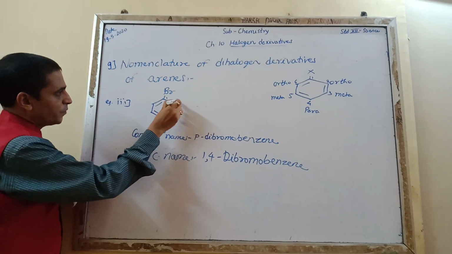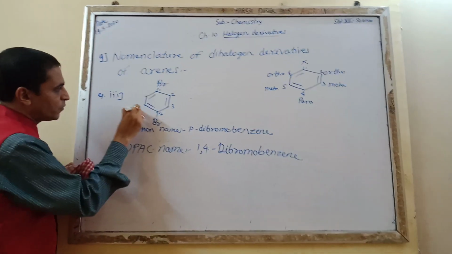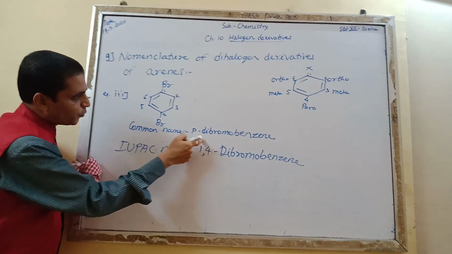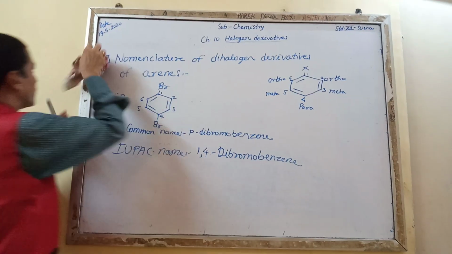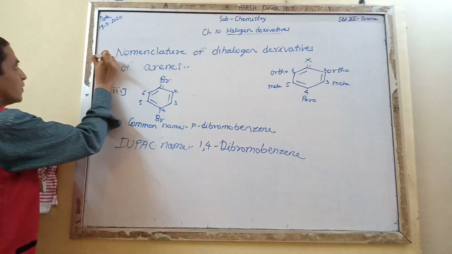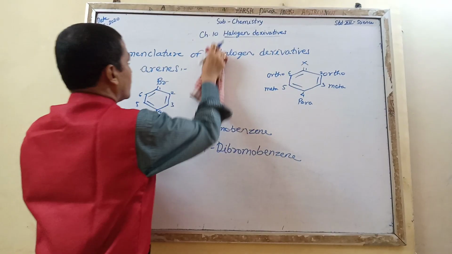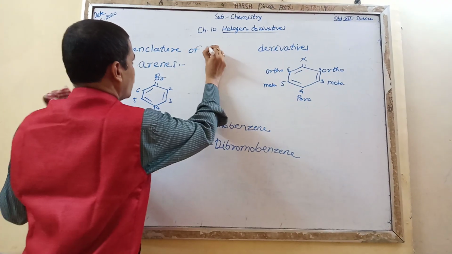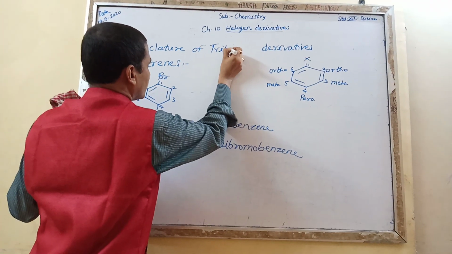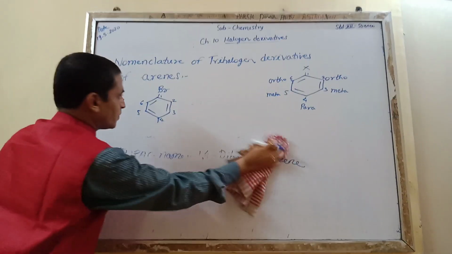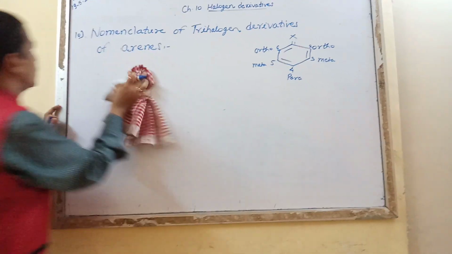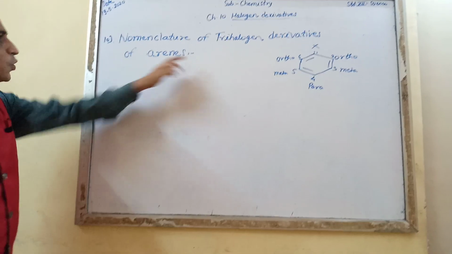Para, 1, 2, 3, 4, 5, 6, para-dibromobenzene and 1,4-dibromobenzene. Now come to the tri-halogen derivative of arenes. See the example. Now proceed to nomenclature of tri-halogen derivatives of arenes.